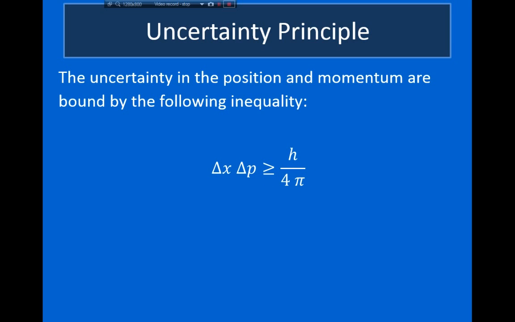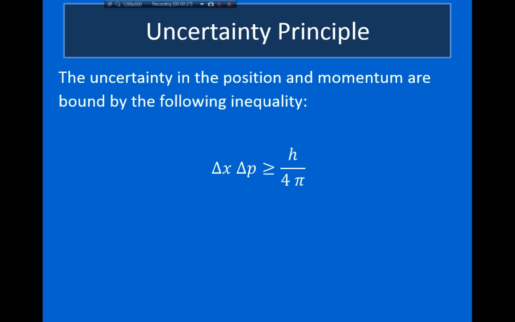And one thing that I really should emphasize about the Heisenberg uncertainty principle is that it does not simply limit our ability to measure the position and momentum of some particle. It really says a whole lot more than that.